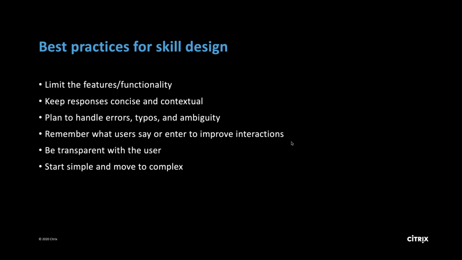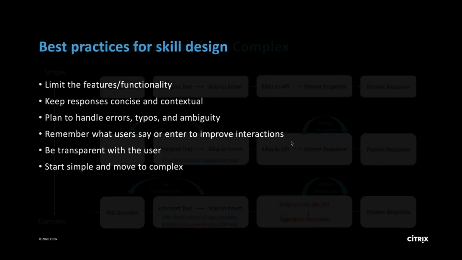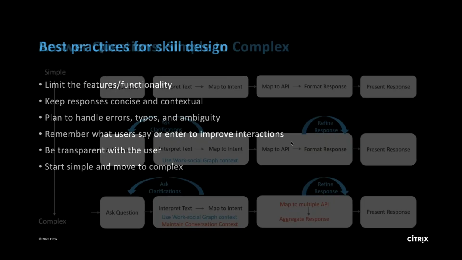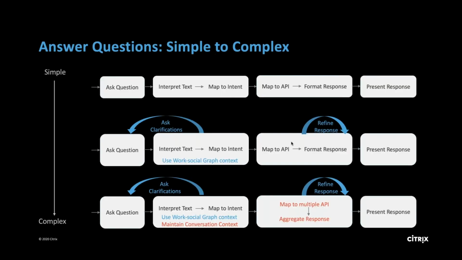And start simple and move to complex. When we build anything, it's vital for us to start simple and move toward complex. It applies to skill building twice as much. For example, when building a question and answer skill, start simple and iterate. Keep adding the elements as you go and always measure the impact of the changes.